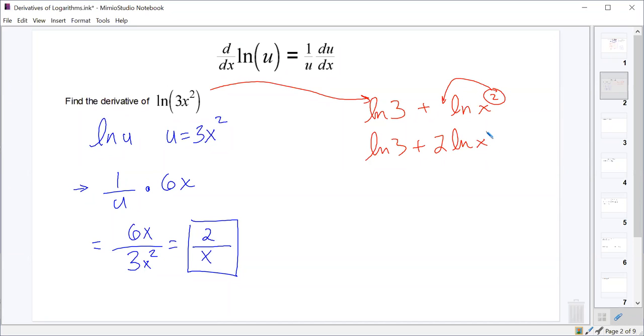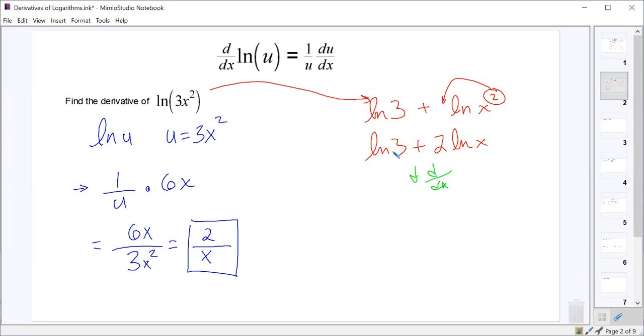And so now when we take the derivative, what's the derivative of natural log of 3? It's 0, right?